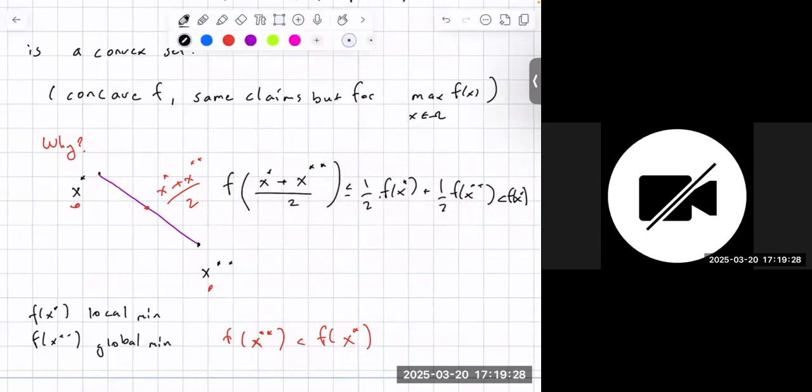So I already figured this thing in the middle is smaller than my local minimum. Well, you can keep taking stuff in the middle. Now you'll go there, you'll go there. You'll eventually arrive in the neighborhood of this guy, and you would know stuff in the neighborhood is smaller than that, which contradicts the definition of local minimum, right? Locally, that should be the best shot.